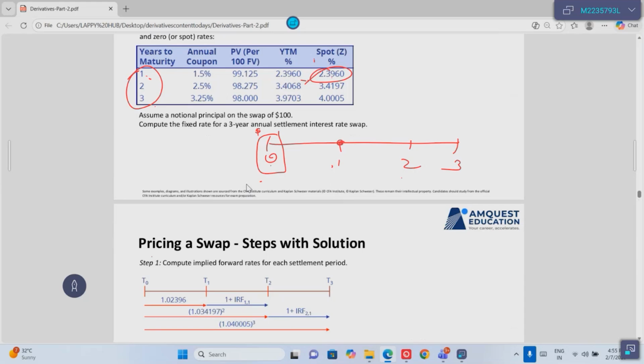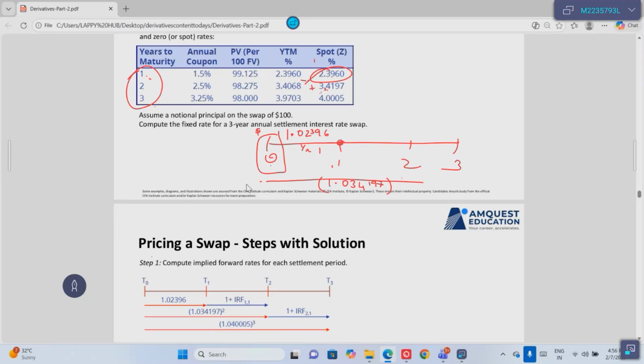I'll receive $1 plus 2.396 percent, so $1.02396 in year 1. Now in year 2, what will I receive? In year 2, I'm earning 3.4197, so my year 2 will be 1.034197.